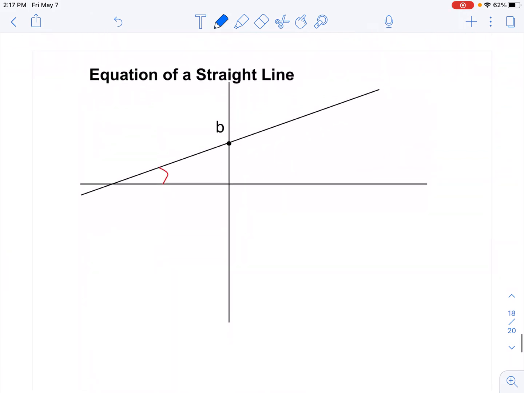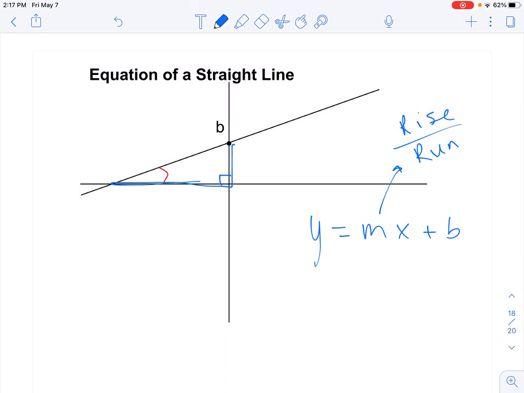All right, let's think about the equation for the straight line. We have y equals mx plus b, where m is the slope, or the rise over the run. Well, if we drew in a little triangle here, and we know this angle, then the rise would be the opposite of this angle, and the run would be the adjacent to this angle, and that would be the tangent.